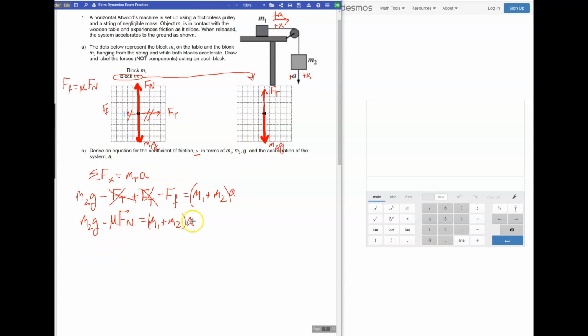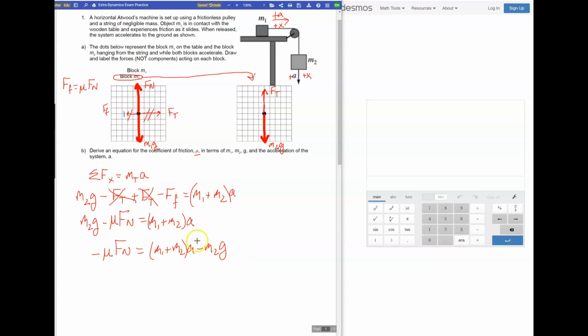So let's solve this for mu. We want to solve it for mu. If I add mu Fn to each side, the thing I'm going to need to do is subtract this from both sides, but that kind of looks a little weird. So let's just subtract M2G. So we're going to have negative mu times Fn is equal to M1 plus M2 times A minus M2G.